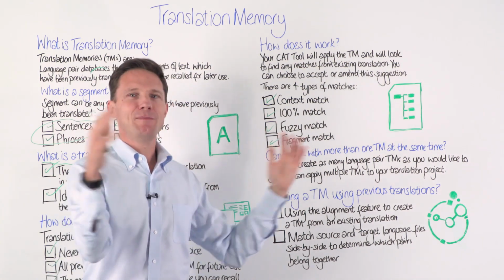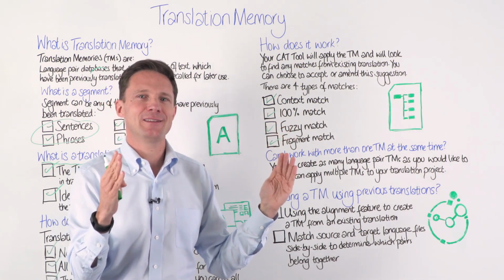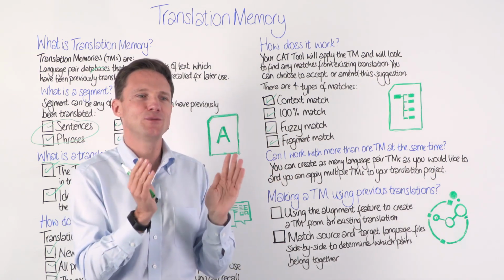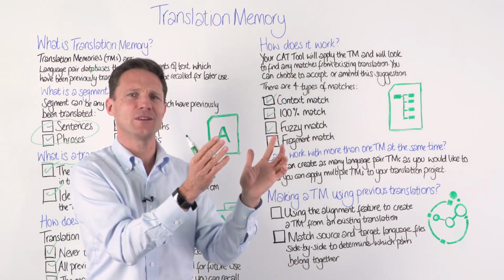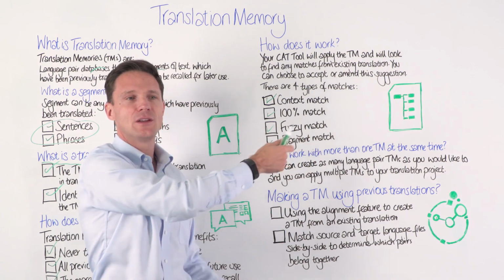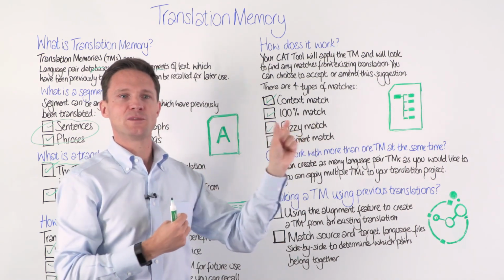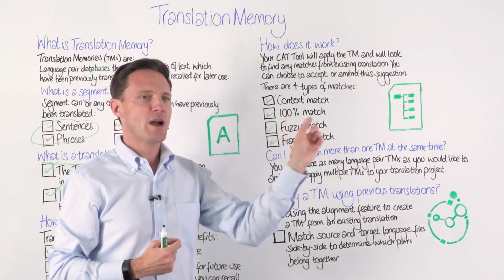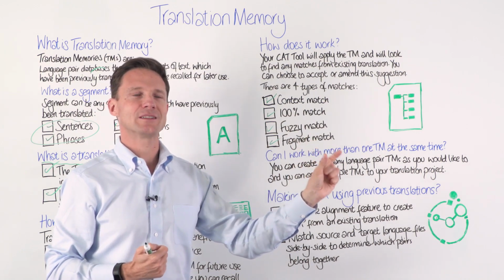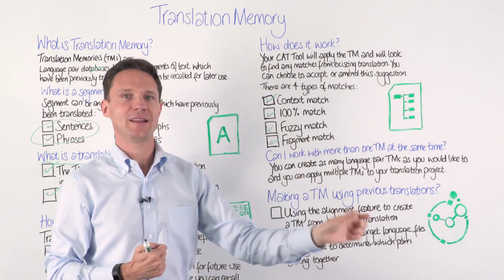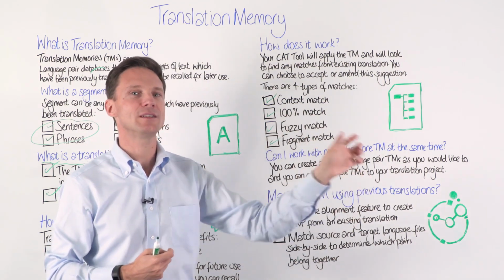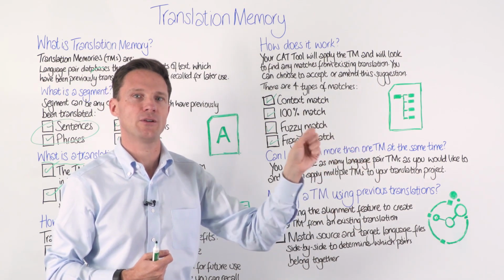So you might be translating an entire sentence, and you might have that feeling that you translated those 3 or 4 words. A fragment match will look for those pieces and say, you actually did translate those 4 words, and here's how you did translate those 4 words.